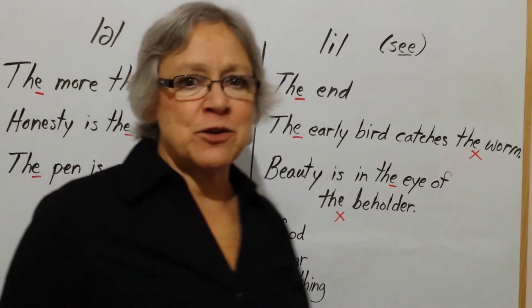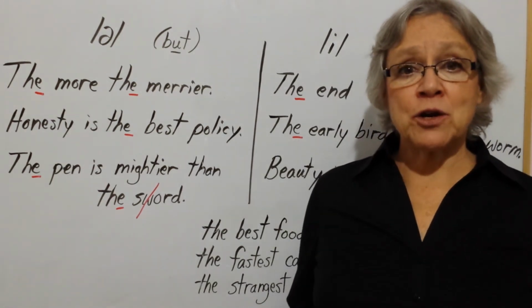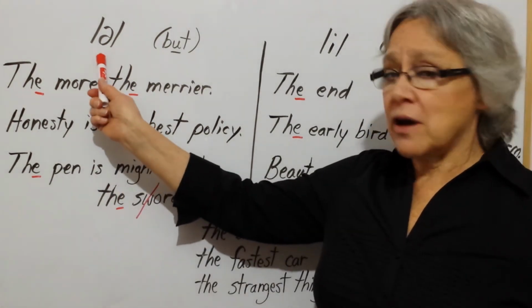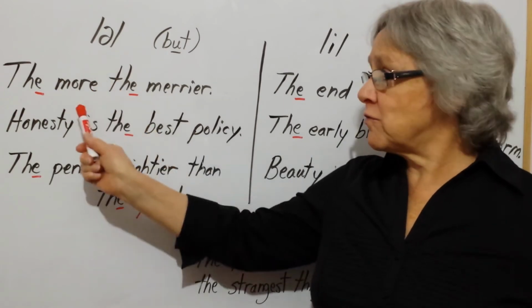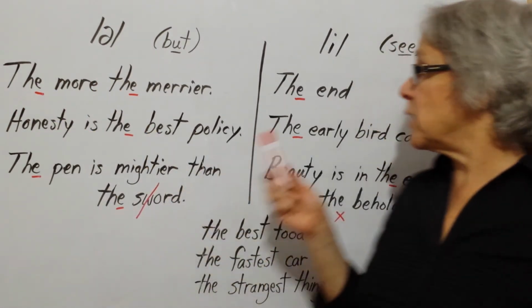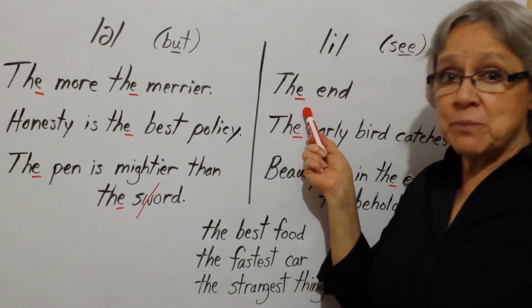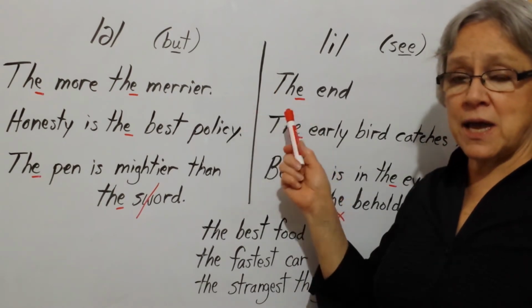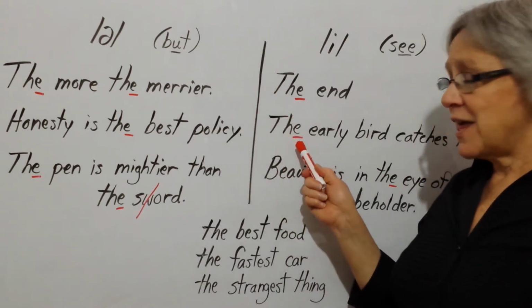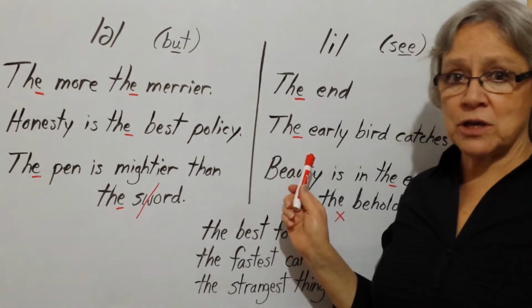Now, I do want to remind you of something that I said earlier, that many Americans do use the pronunciation for this word, for the, in all or most cases. So even though I have the end here, some people might just say the end. Even though I have the early, some people might say the early.